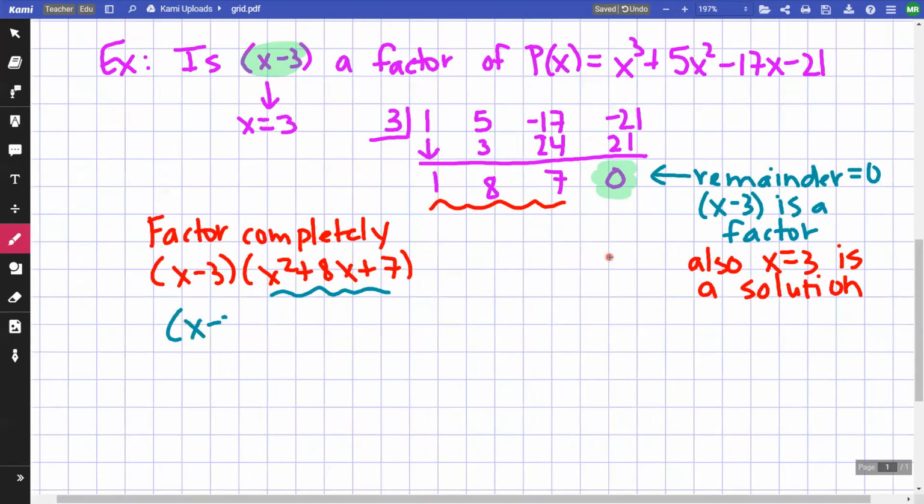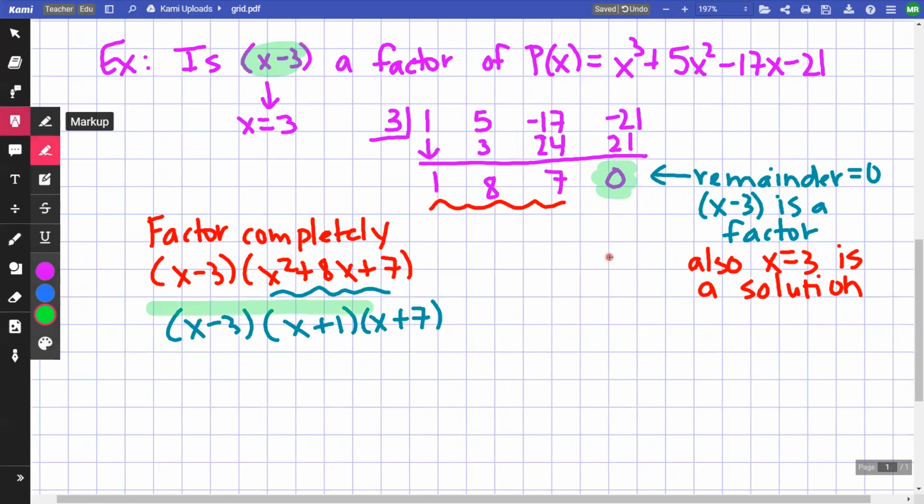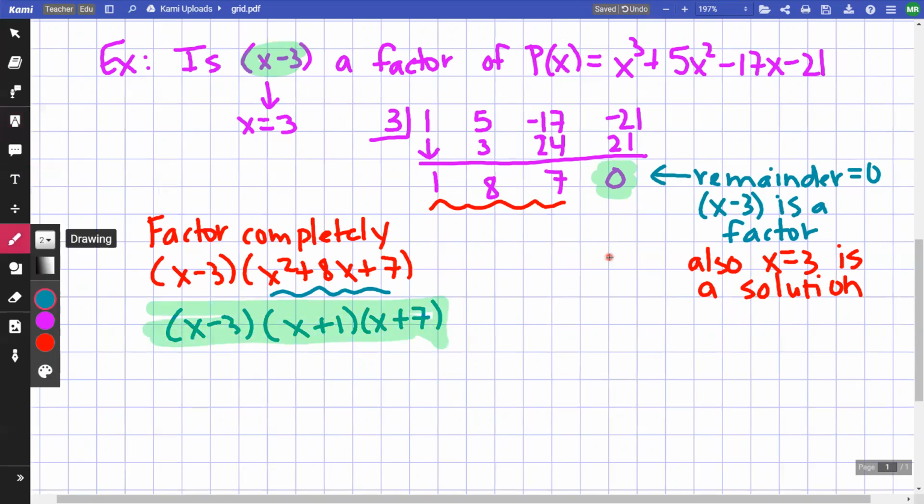So I still have my x minus 3. What multiplies to 7 and adds to 8? An x plus 1 and an x plus 7. So this right here is the factors of x cubed plus 5x squared minus 17x minus 21.